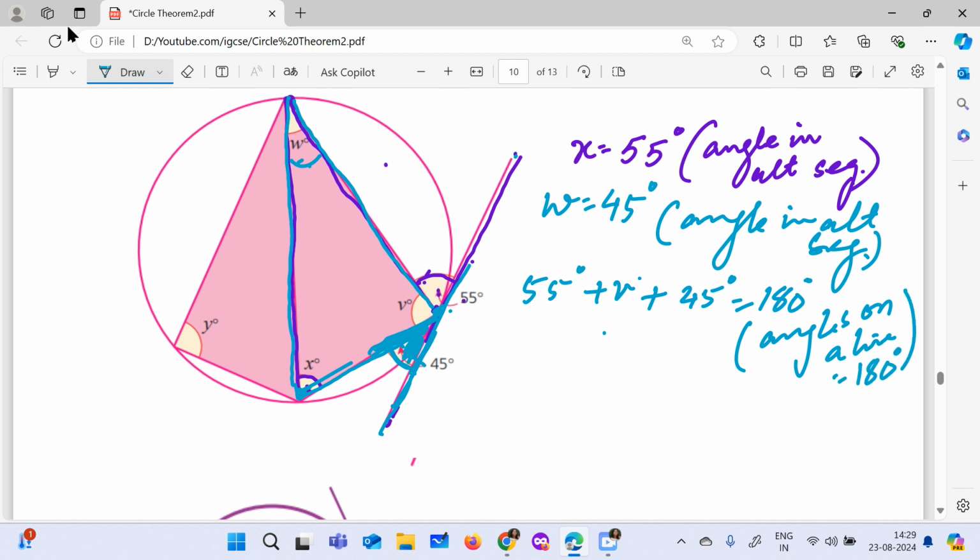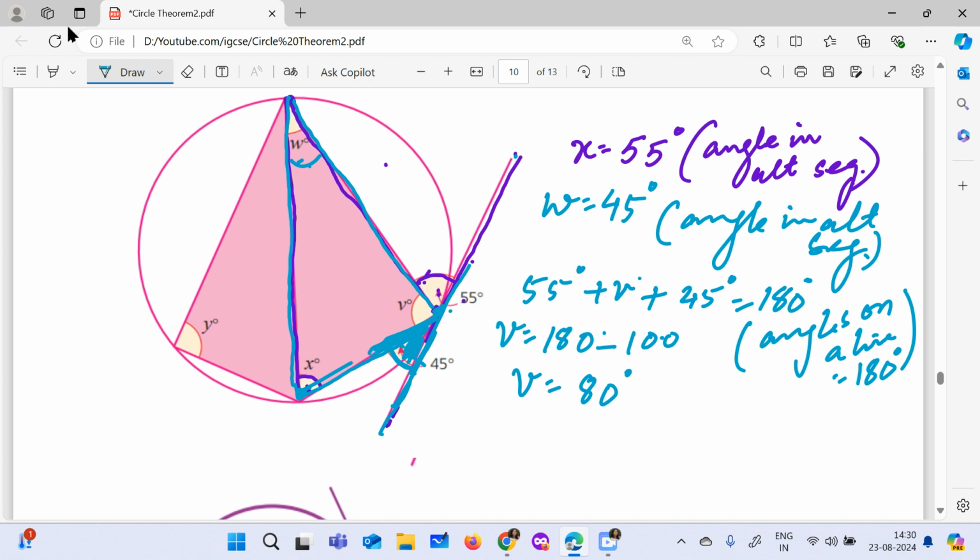So V is equal to 180 degrees minus 100 degrees. Now 45 plus 55 is 100, right? Hence you get V is equal to 80 degrees. Is this clear? Yes.